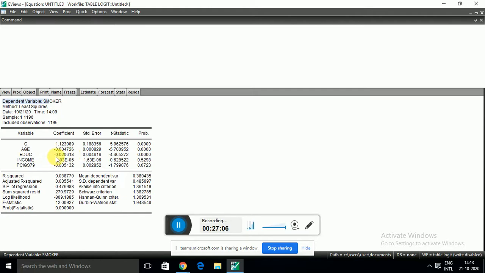For one additional year of education, the probability of quitting cigarettes is given by negative 0.02. As you can understand, the probability of you quitting or not quitting is much higher if you are in the age group of, let's say, 16 or 17 years old.